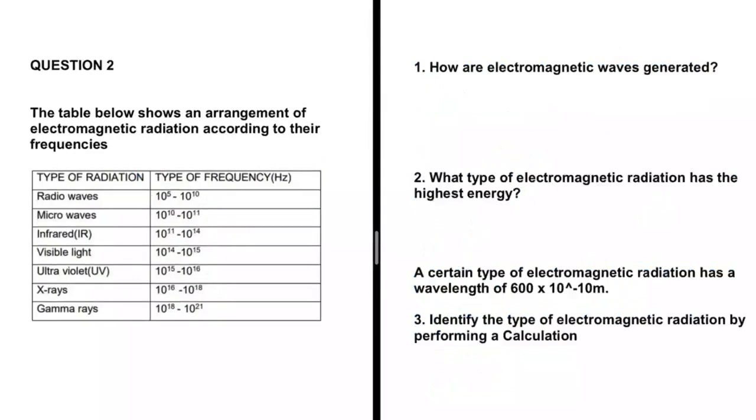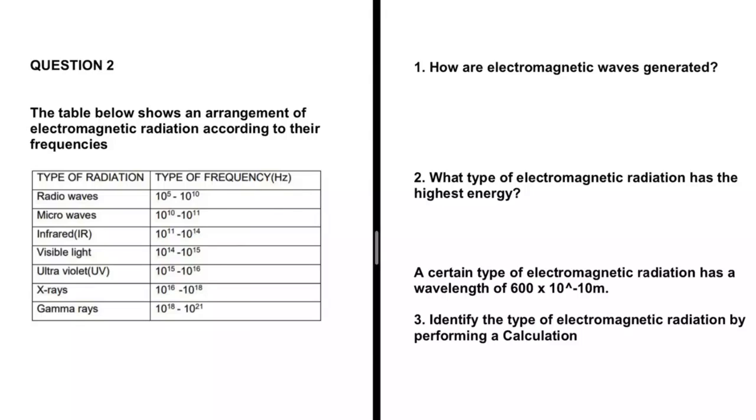This question looks very similar to the one we just solved before. But let's go ahead and see what happens. We're given the same exact table that shows an arrangement of electromagnetic radiation according to their frequencies. And the first question: how are electromagnetic waves generated?